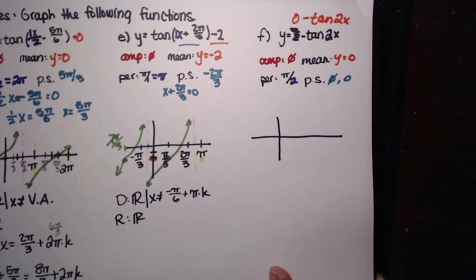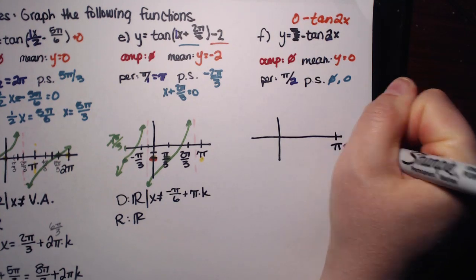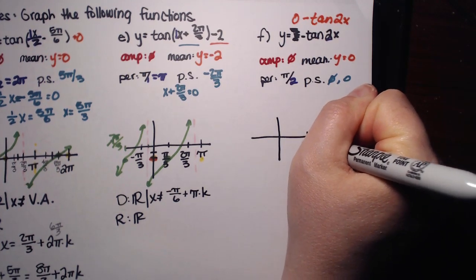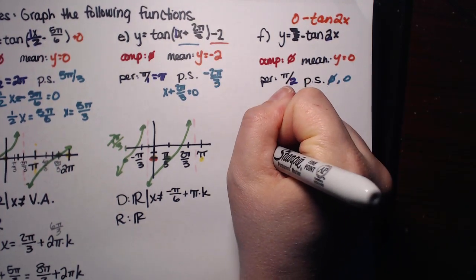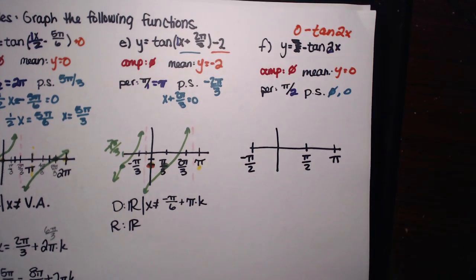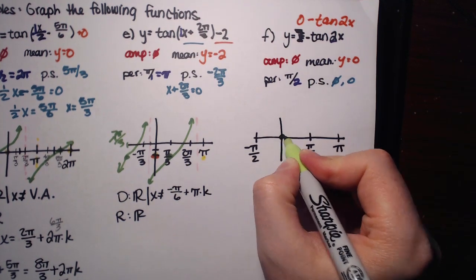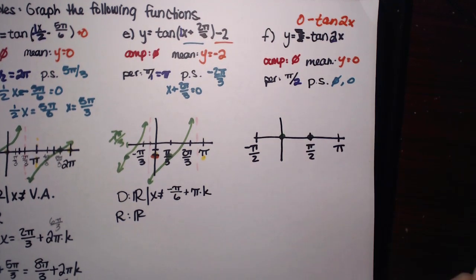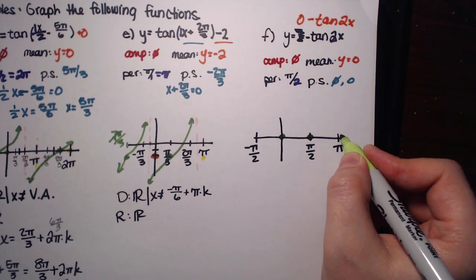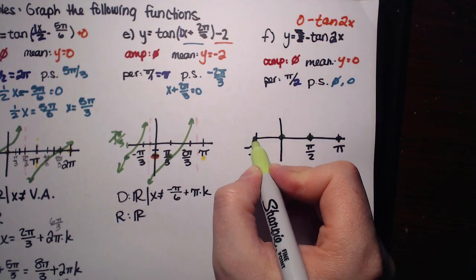Okay, this last one, the period is pi halves. I'm just going to write pi. And then nothing else is really happening with this one. So 0 and pi halves. So this means that every pi halves there's going to be a dot.